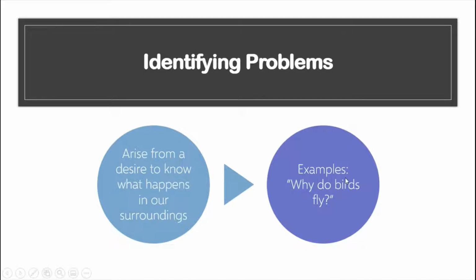Another example, why fish cannot fly, why humans cannot fly, or why some men are able to swim and others are unable to swim. Those problems must be identified by scientists, and after that, a scientist must form a hypothesis.